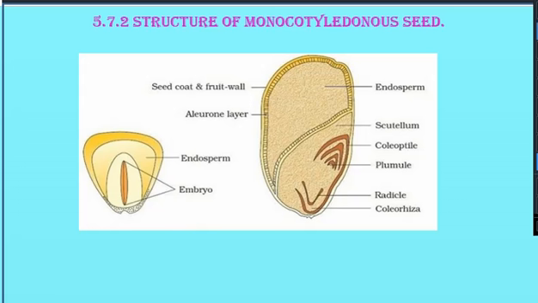Now let us learn about the structure of monocotyledonous seed. The examples for monocotyledonous seeds are maize, jowar, wheat, etc. Here we are discussing the structure of monocotyledonous seed, taking maize as an example. When you observe maize, these structures are very clearly visible.